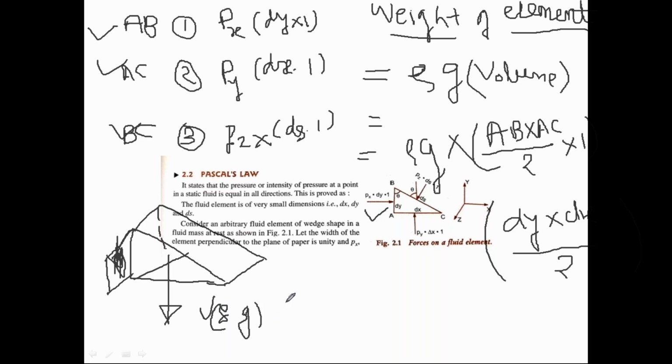In short, if I want the weight of any material, then I must have its specific weight and volume of that material. With this you can get the weight. So in this slide I wrote two forces, pressure force and the force due to the weight of the element. How many pressure forces am I having? I am having 3 pressure forces, acting on AB, AC and BC.